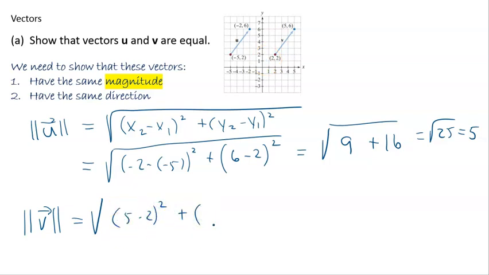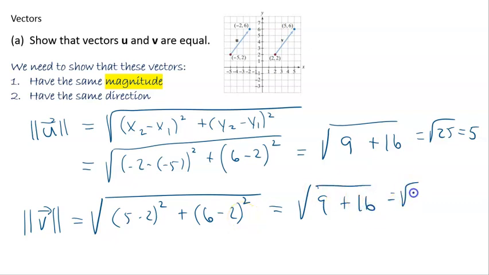Plus, subtract my y values. That's 6 minus 2. Once again, don't forget to square it. So that's the square root of 5 minus 2 is 3, then 3 squared is 9, plus 6 minus 2 is 4, 4 squared is 16. We are looking like matches, right? So we have shown that the magnitude is exactly the same for these two vectors.